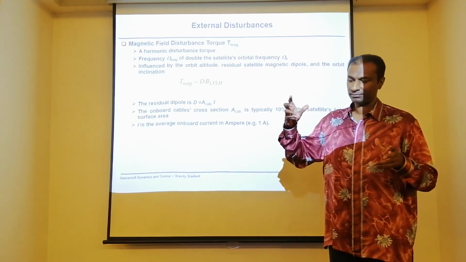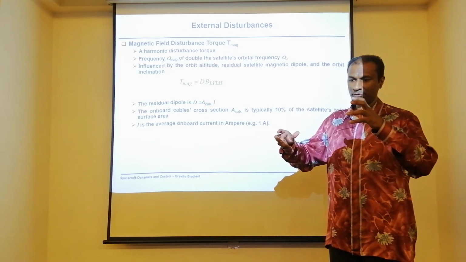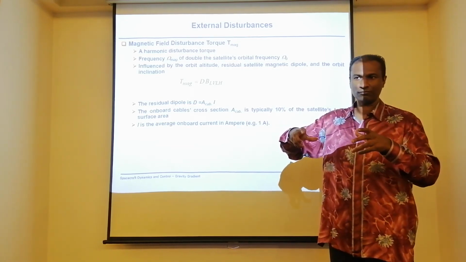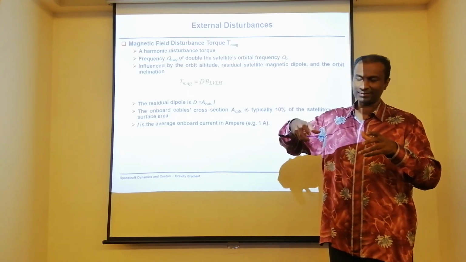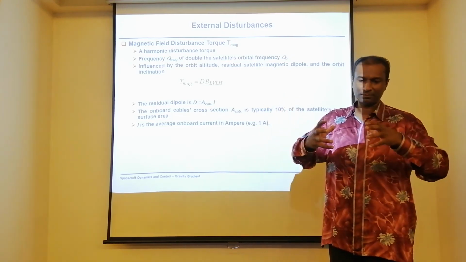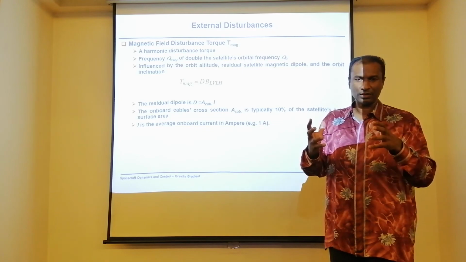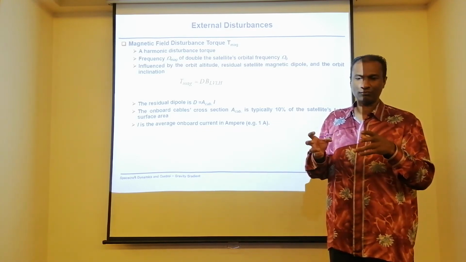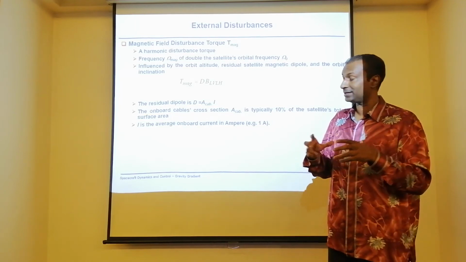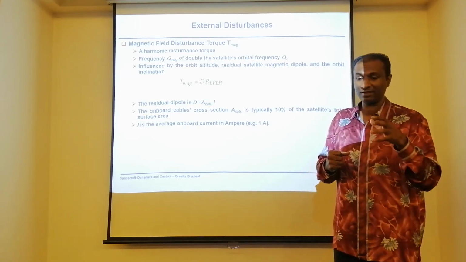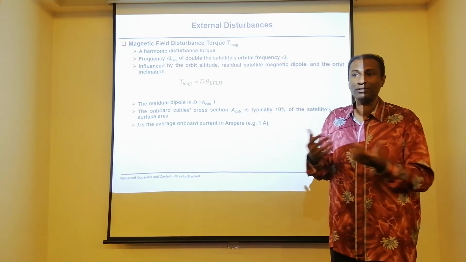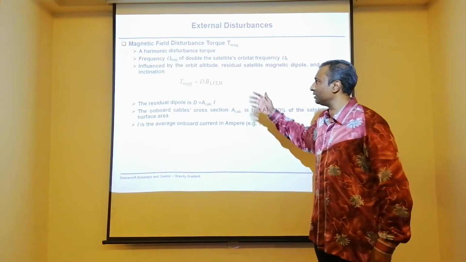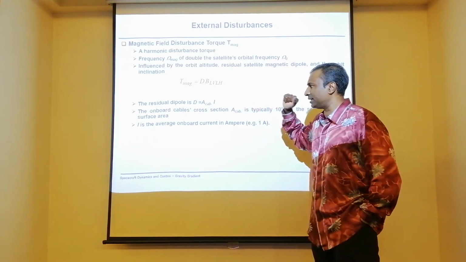Assume that you have a permanent magnet, you put it into the magnetic field, it can actually move. So assume the permanent magnet is inside the satellite, you put it under the influence of the Earth's magnetic field, practically the satellite can move. So in that sense, the same magnetic field can be your disturbance also. We can use it to control, but at the same time, it can also be our disturbance. So we have to know exactly how much it is disturbing us.